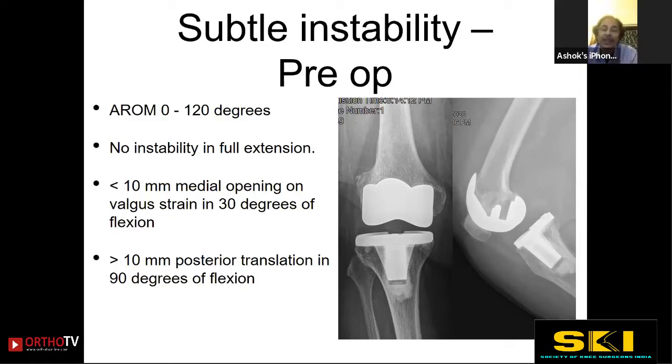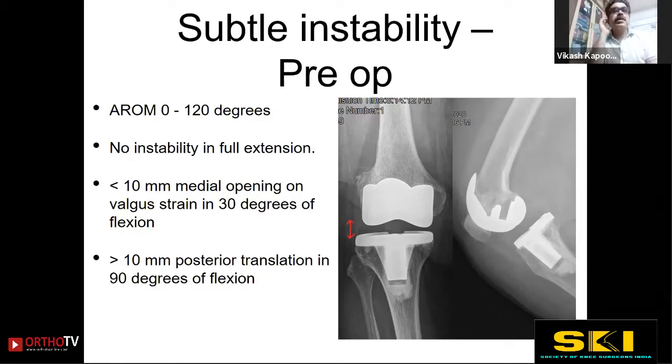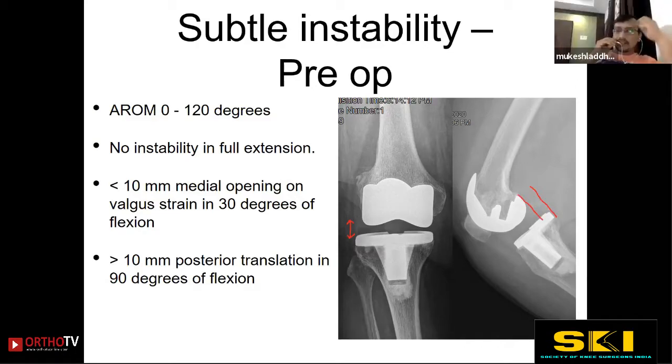On valgus strain, it's less than 10 millimeter medial opening. But on the X-ray, primarily it looks like the lateral side is opening up, so the patient has probably torn the lateral collateral or posterolateral corner or something. Anything else that you want to comment? Anybody want to comment on the X-ray? There is posterior sag. Absolutely right.